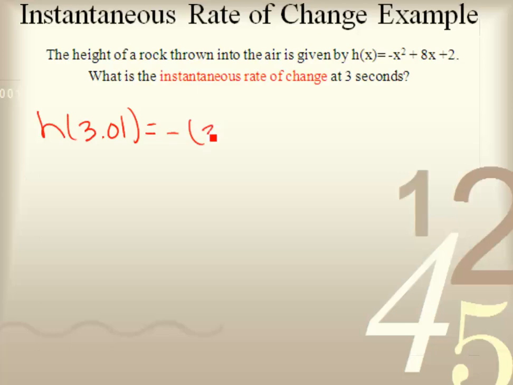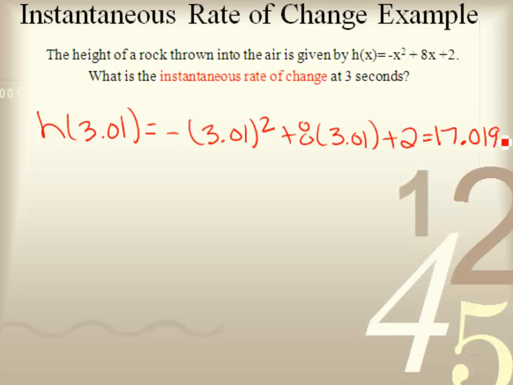So we have negative 3.01 squared plus 8 times 3.01 plus 2. And that gives us a value of 17.0199. Using our previous equation, we knew that the value of h of 3 was 17.